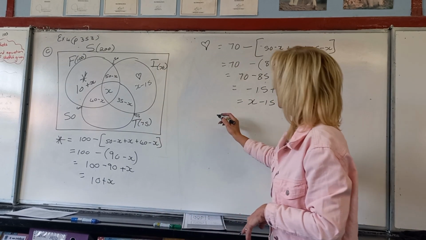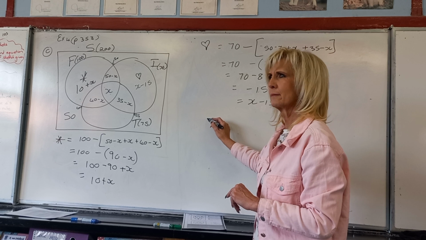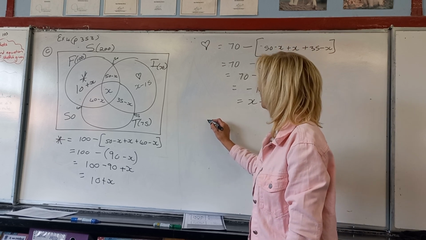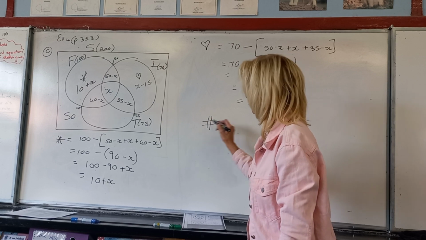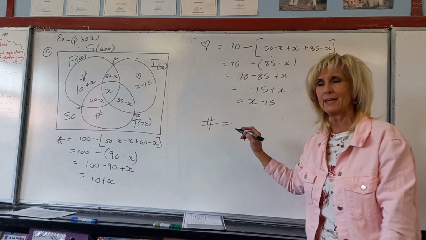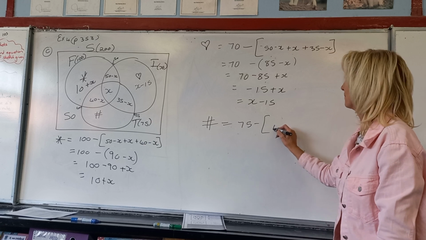And then the same exact thing for, what do you want to call it? Circle. Okay, how would I find out what that is? Again, 75 minus everything.